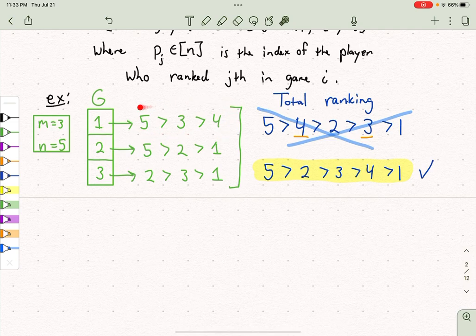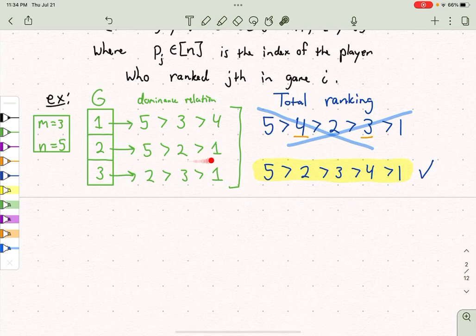So that's just another way to phrase that. It's basically inducing a dominance relation. So this is a dominance relation. So it's a binary relation, like less than or equal to, that tells you which player was better than the other players in a specific game. And similarly, we have these.